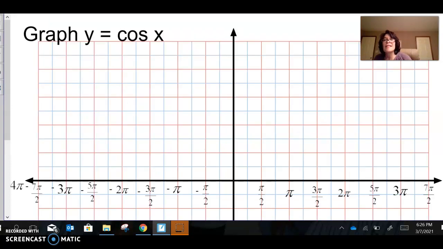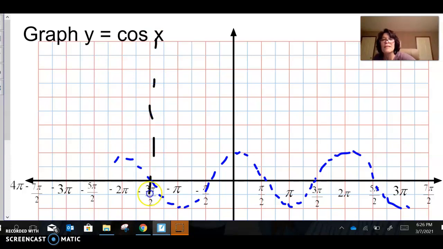Okay, and then secant is the same type of thing. I graph cosine. The zeros are going to be my asymptotes, so now my zeros are at the pi over 2's. That's where the zeros are, right?